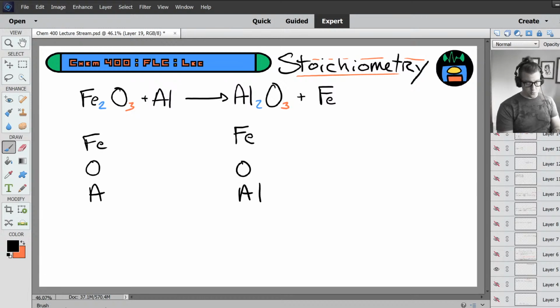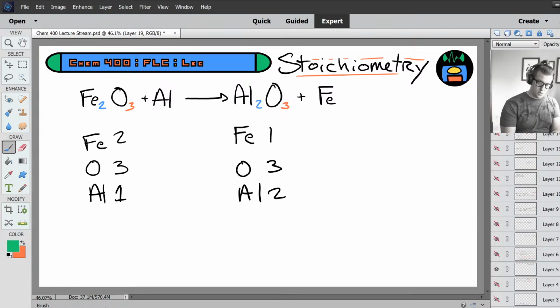All right. So we have on our reactant side 2 iron atoms, 3 oxygen atoms, 1 aluminum atom. On our product side, we have 2 aluminum atoms, 3 oxygen atoms, 1 iron atom. All right, this is going to be easy enough to balance. We need 2 iron on our product side, so we multiply Fe by 2.